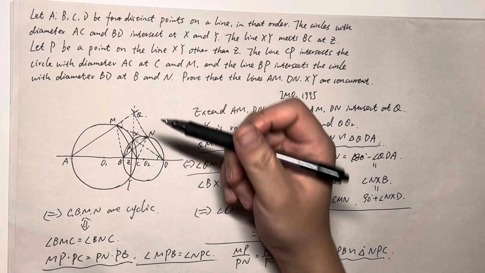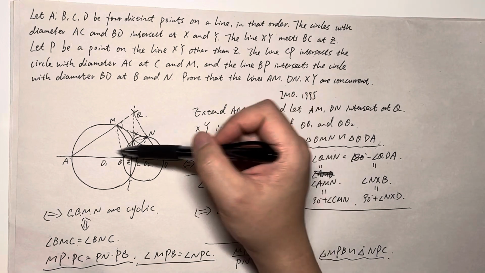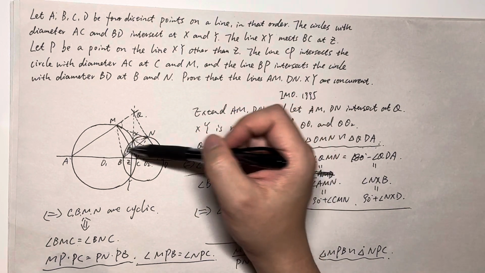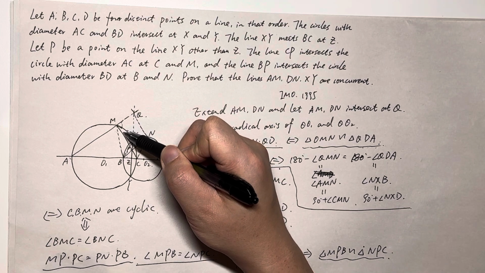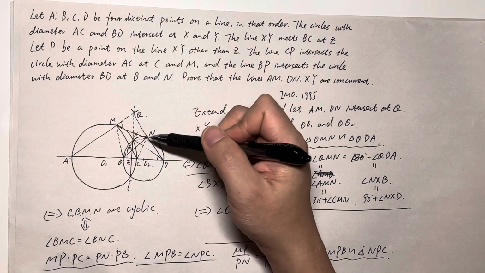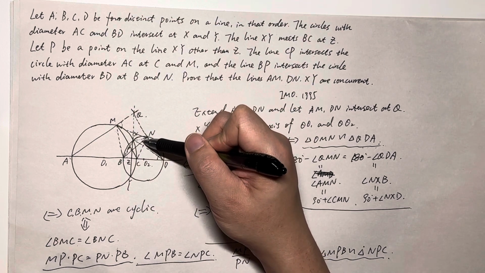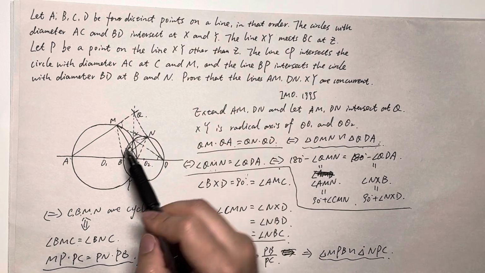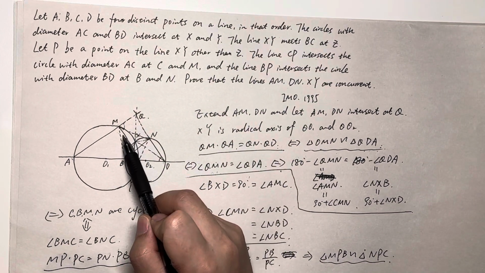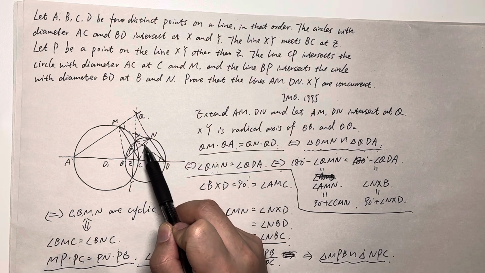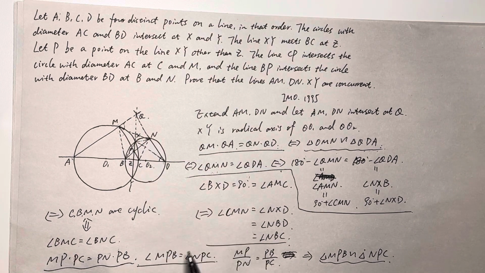See, the figure is kind of symmetrical, right? We want to prove that these two angles are equal. It's difficult to prove directly that these two angles are equal, right? So we choose another edge to prove these two angles are equal.